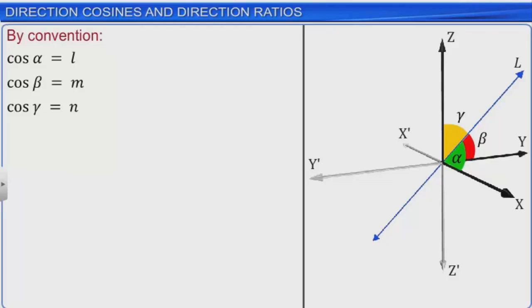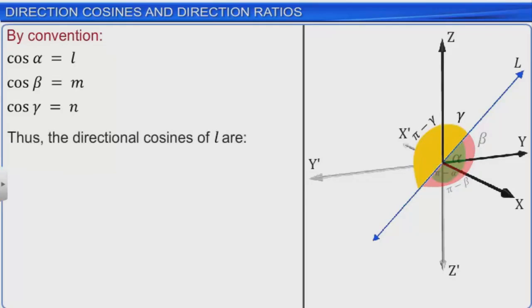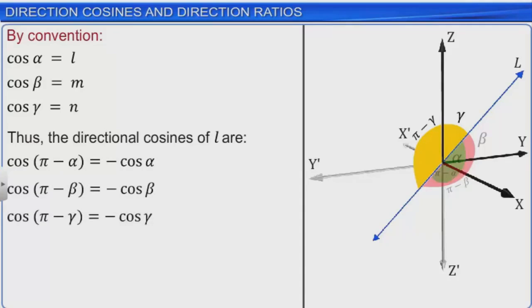If we consider the opposite direction of line L, then the angles made by the line with the x, y, and z axes are supplementary angles to alpha, beta, and gamma respectively. In this case, the direction cosines of line L are minus cos alpha, minus cos beta, and minus cos gamma respectively. Hence we can say that every line in space has two sets of direction cosines.